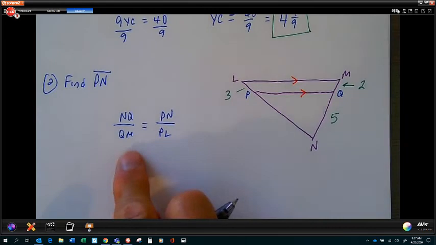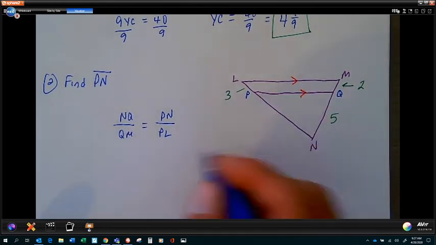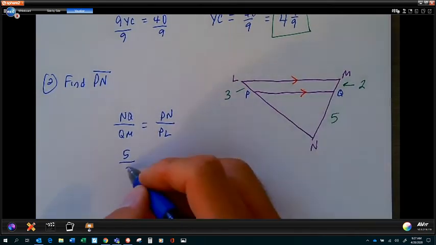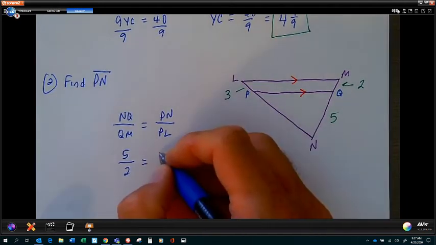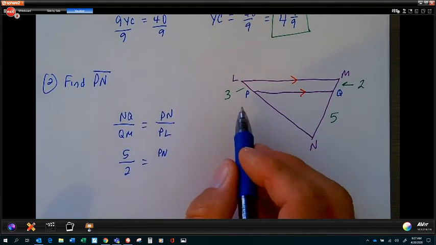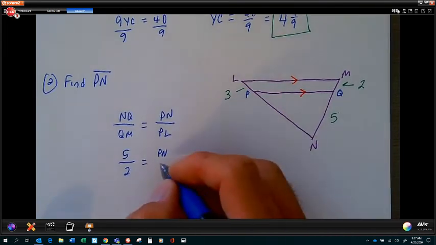And again, substituting the numbers in, we've got NQ, which equals 5. We have QM that equals 2. We have PN that we do not know this time. And LP, or PL, we know is 3.